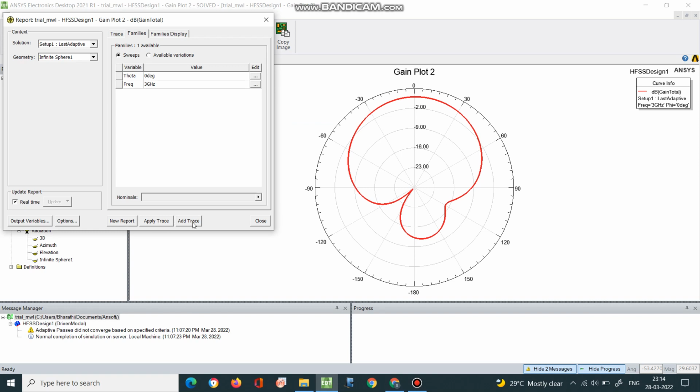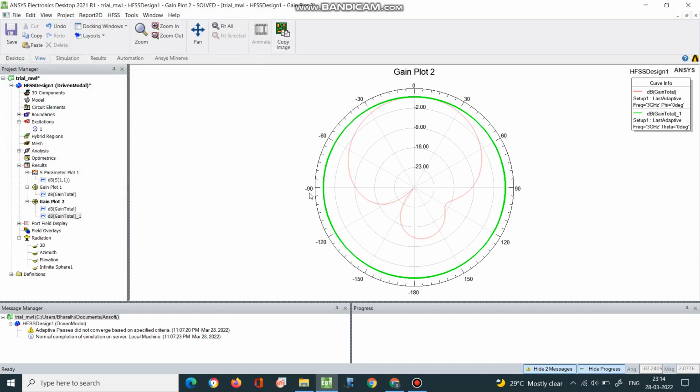Add a trace, so you are going to add this as an additional curve. So this is your azimuth plane radiation pattern, and this is your elevation plane radiation pattern. So we have seen both here.